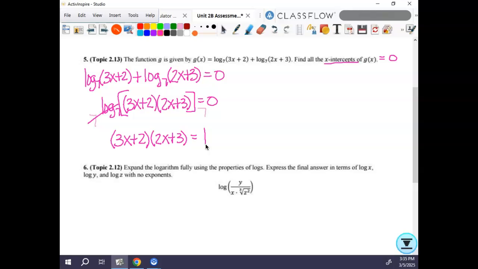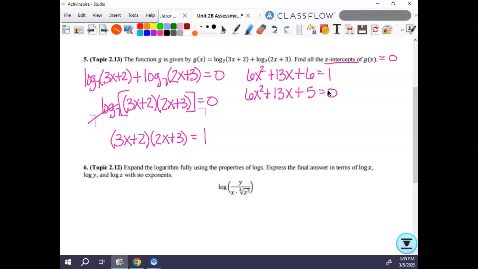Now on the left-hand side, I need to multiply that together. So that's going to give me 6x squared, and then plus 4x and plus 9x would be plus 13x plus 6 equals 1. Then I'm going to subtract 1 from both sides. So 6x squared plus 13x plus 5 equals 0.